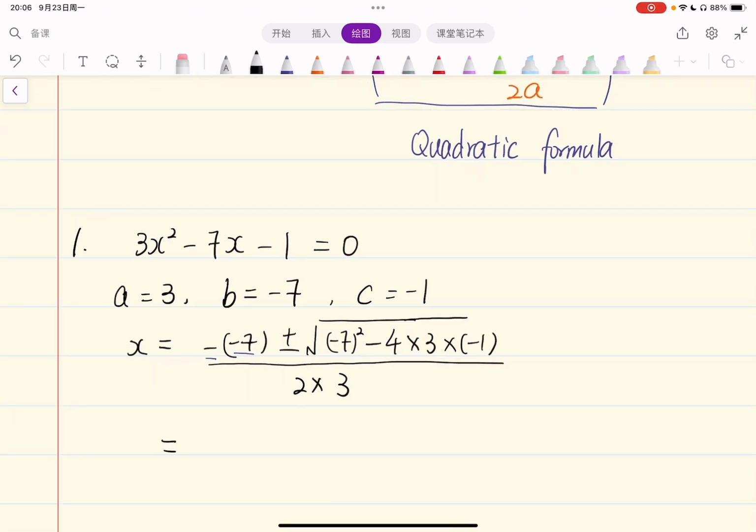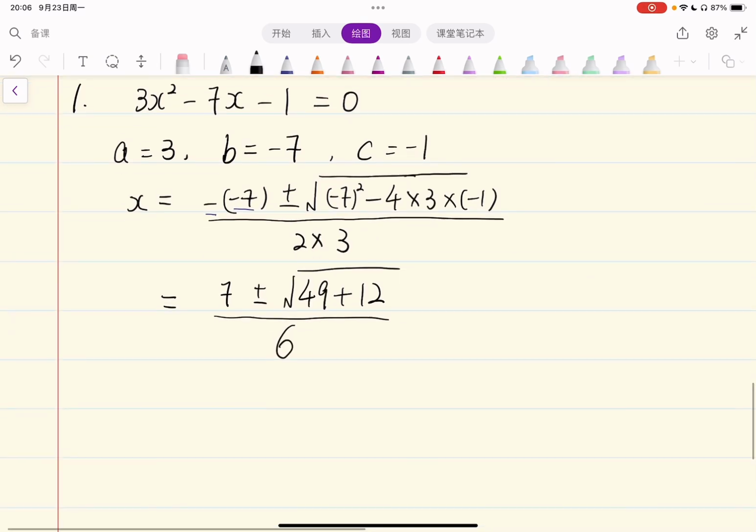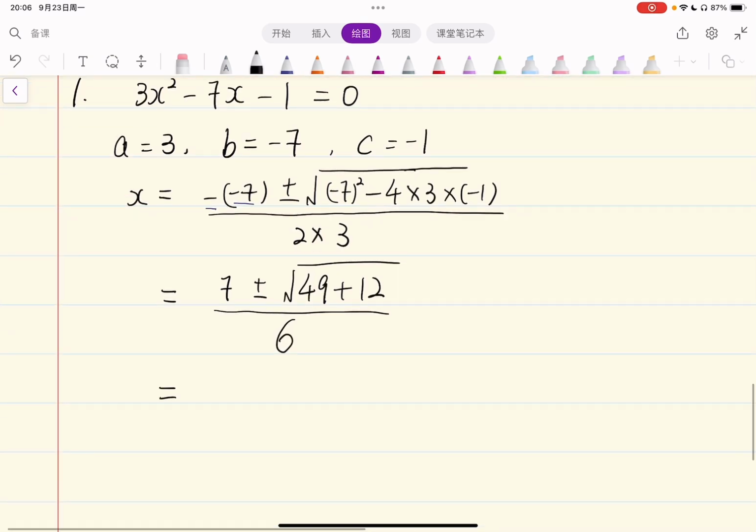So what we have is 7 plus minus square root of 49 plus 12 over 6. And then we have 7 plus minus square root of 61 over 6.